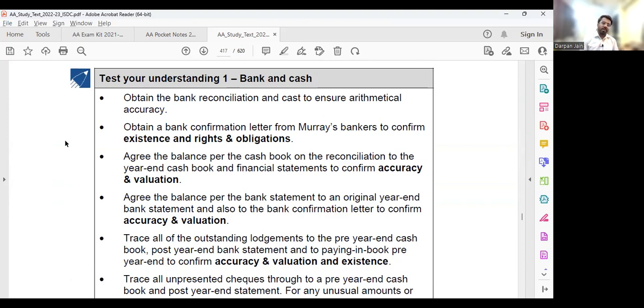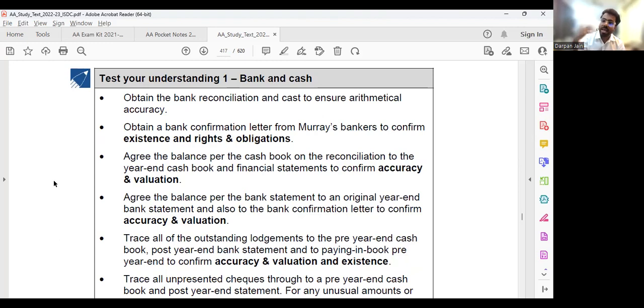Okay. All right. Now let's read the procedures. See the audit procedures that you do for bank and cash. First one, obtain the BRS, the bank reconciliation statement, and cast to ensure arithmetical accuracy. What do you mean by cast to ensure arithmetical accuracy? It is nothing but checking the amounts in the BRS for their arithmetical accuracy. That means check them for addition, subtraction, multiplication, division.